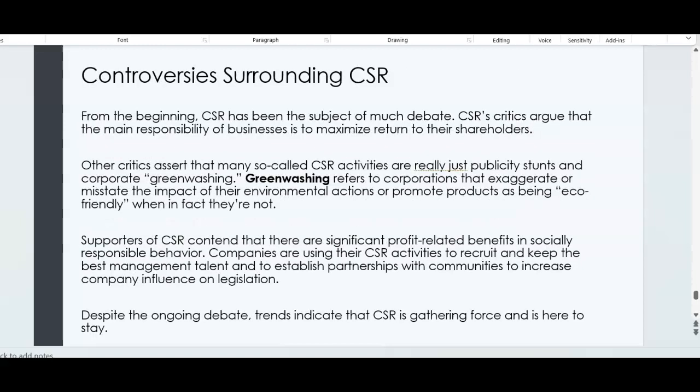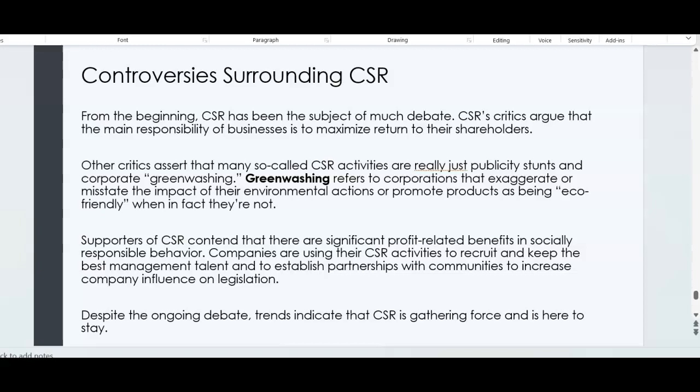And there is a viewpoint, or a little bit of controversy surrounding corporate social responsibility that you should be aware of. One viewpoint says that it is the business's responsibility to engage in the community, protect its stakeholders, whether that's the environment, the employees, the community at large. Corporations should be good citizens of the broader world.